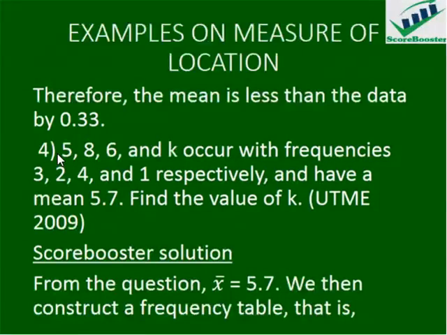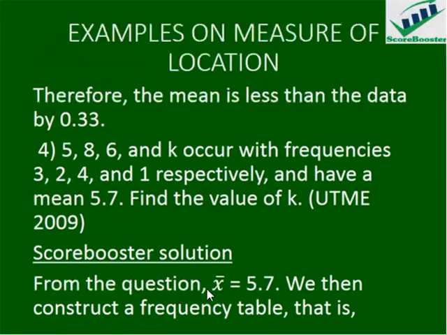That is, we can add 5 thrice or multiply 5 by 3. The frequency of 8 is 2, which means we can add 8 twice, or multiply 8 by 2, like I explained in the first example. Then we find the mean, and since we are already given the value of the mean, we can use that to obtain the unknown, which is k.